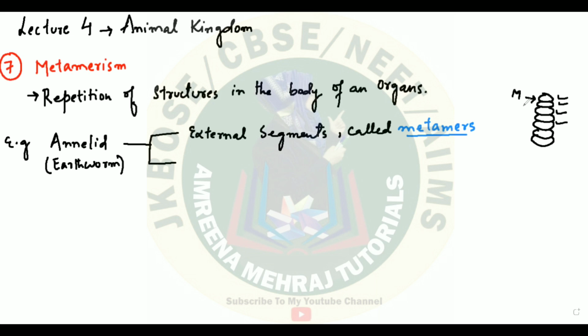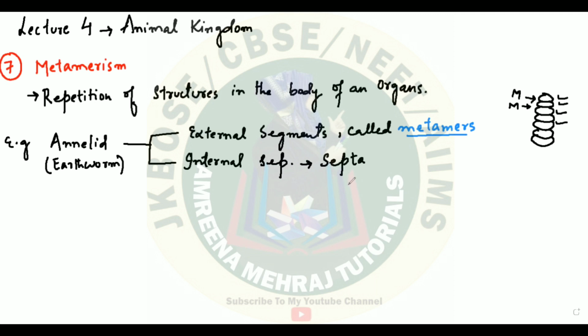So this is a metamer, this is another metamer. Internally also these metamers are segmented. So you will have internal separations also between one metamer and another metamer, and those internal separations or internal walls which separate one metamer from another metamer are called septa. Okay, so one metamer is separated from another metamer because of these septa.